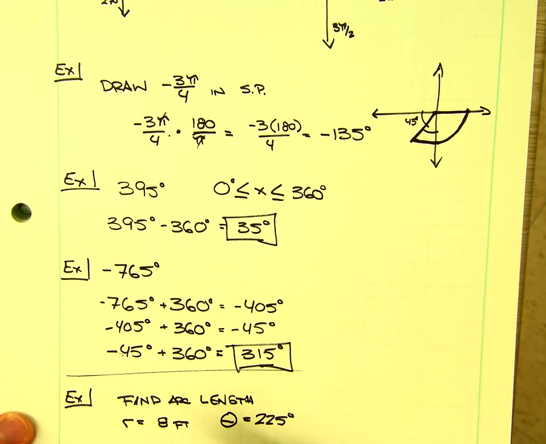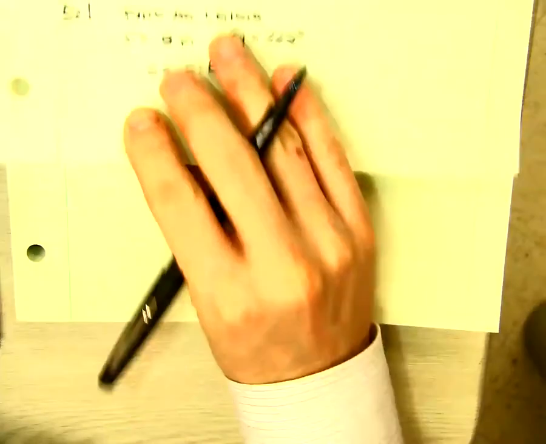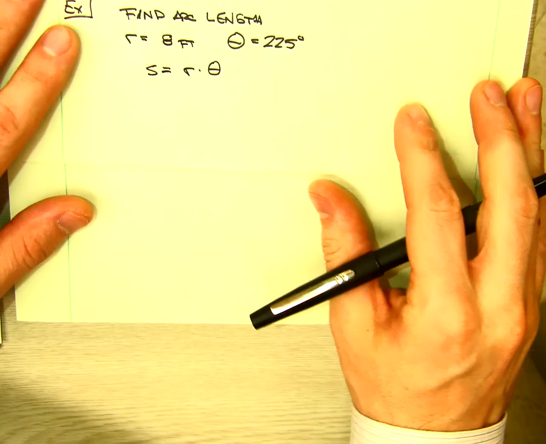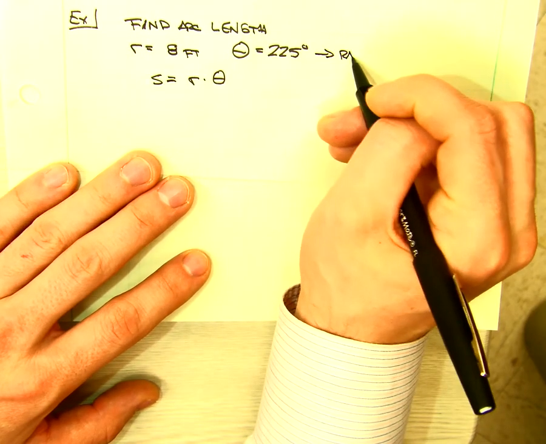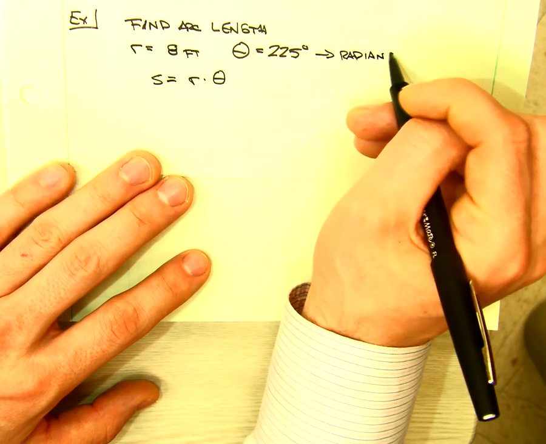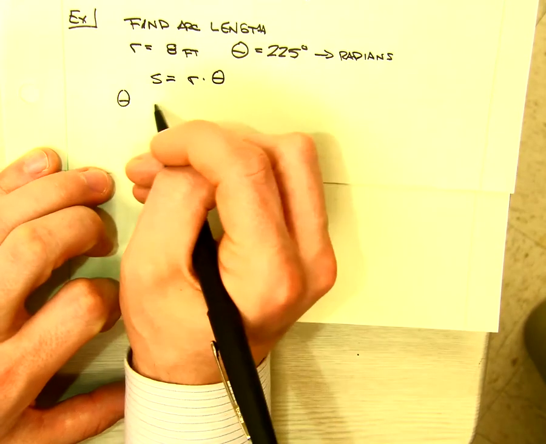Well, this shouldn't be too hard because I remember right away that my equation is S is going to be equal to R times theta. However, oops, I'm way off the screen here. S is going to be equal to R times theta. However, remember theta, I've got to put this in radians in order for this to work. So the first thing I need to do is convert theta into radians.